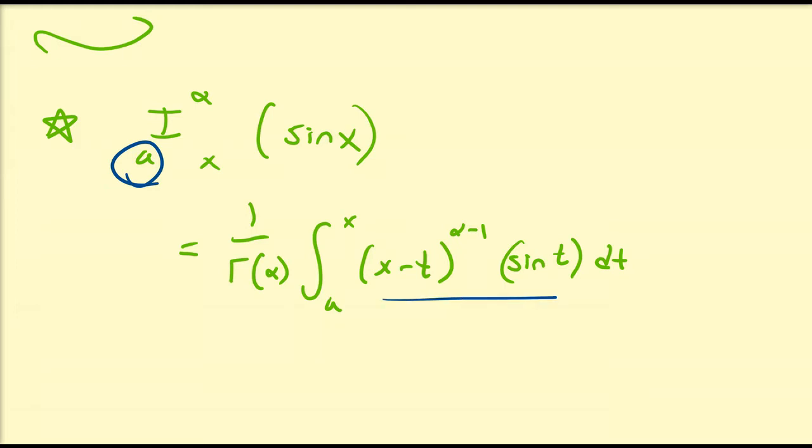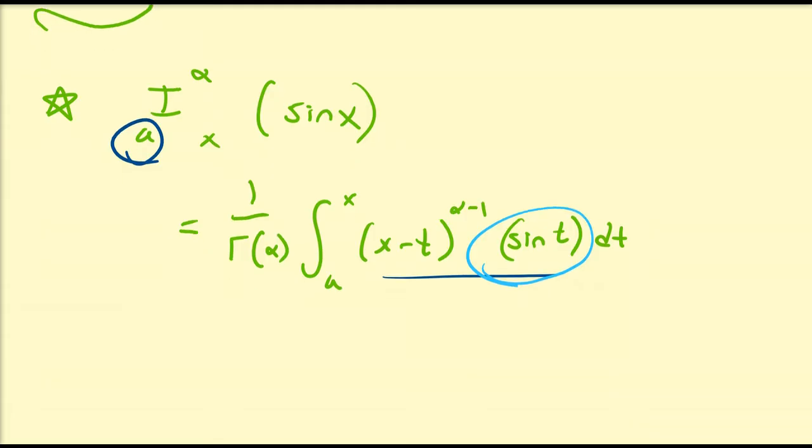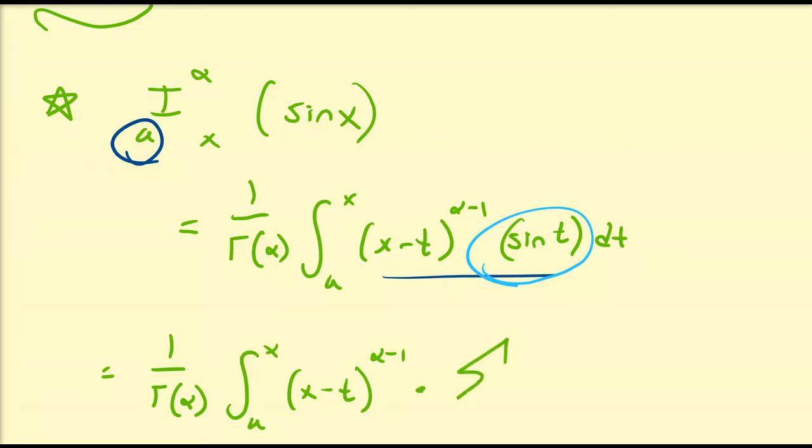So one intuitive approach is we can actually use the Taylor series representation of sine in terms of t. So if we do that, this is going to be equal to 1 divided by gamma alpha times the integral from a to x of x minus t to the alpha minus 1 times the Taylor series of sine centered around 0, so that's going to be the sum from k equals 0 to infinity of t to the 2k plus 1 divided by 2k plus 1 factorial multiplied by negative 1 to the power of k dt.